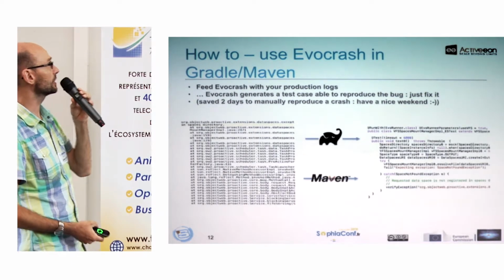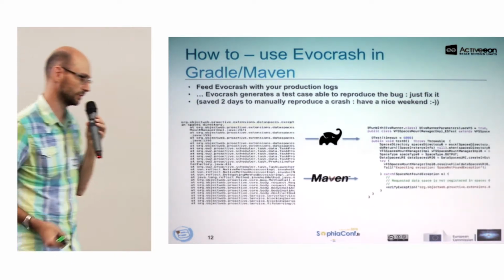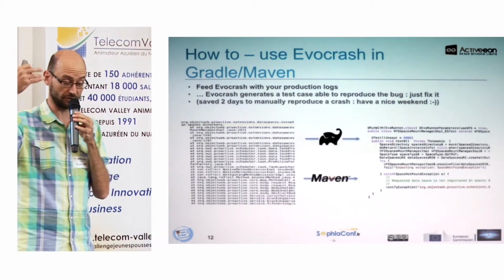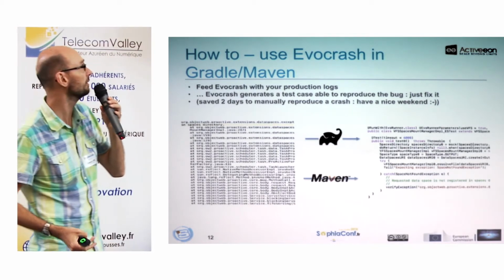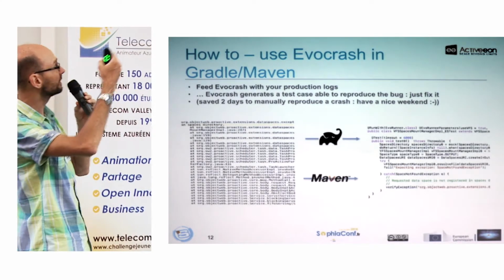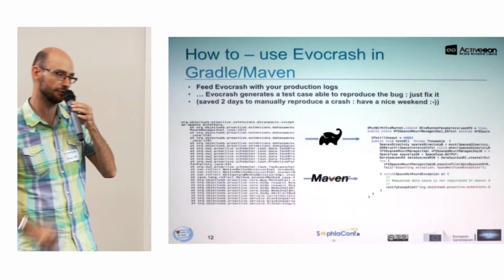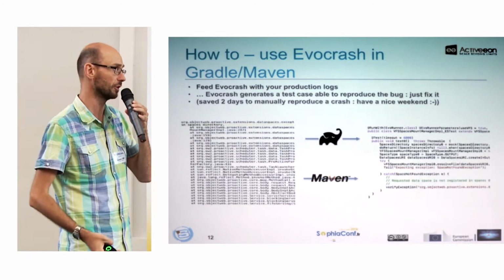And EvoCrash, I will not just say use the theory behind EvoCrash because it's quite complex. It's about genetic algorithms. Maybe some of you know about that. But anyway, what it does, and this is an example coming directly from our production logs.